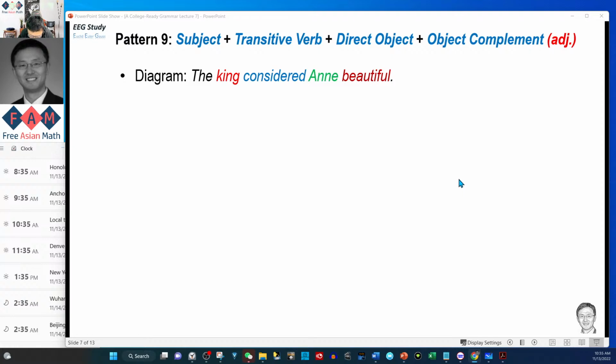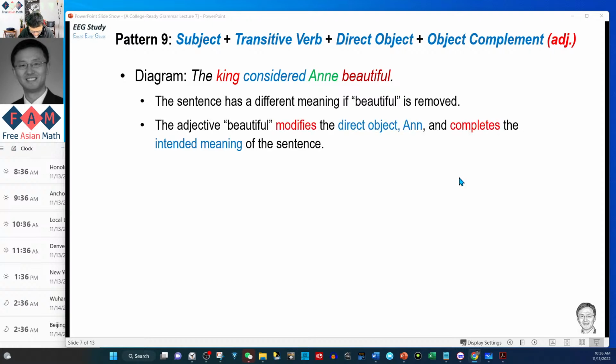Okay? So if beautiful is removed, this sentence will have a quite different meaning. At least not the same meaning as intended here for consider. It's a different consider. Okay. So beautiful truly modifies Anne here and completes the intended meaning of the sentence. A good test is whether you can plug this to be structure into the sentence and the sentence still makes sense. Then you can tell this is an object complement.